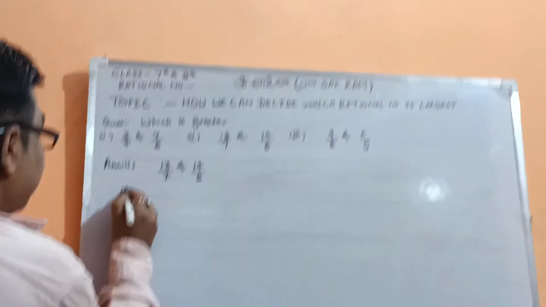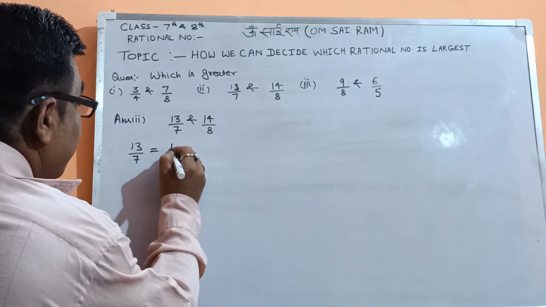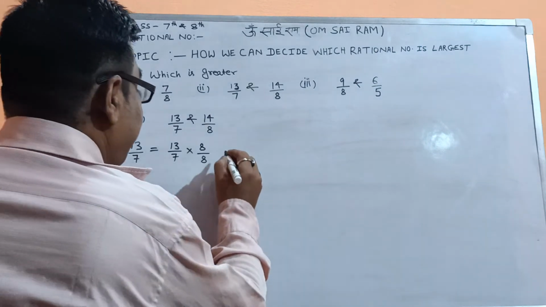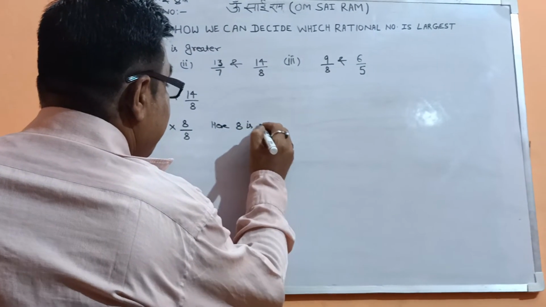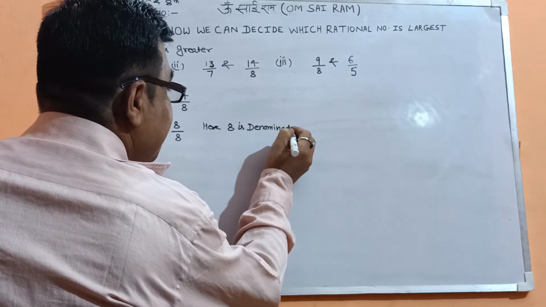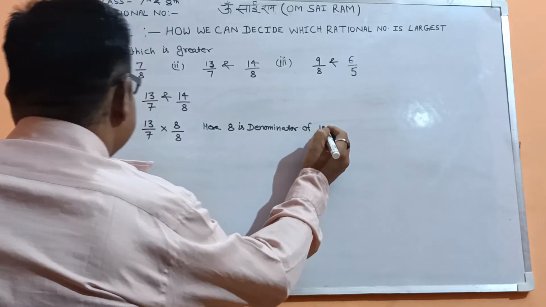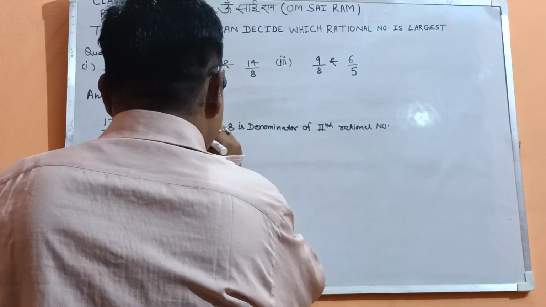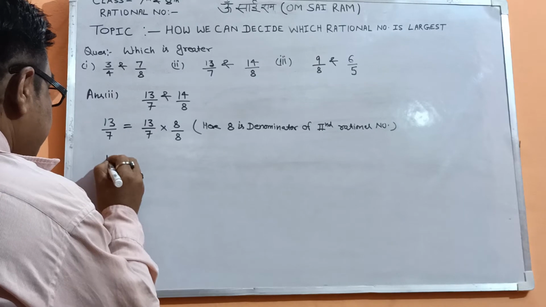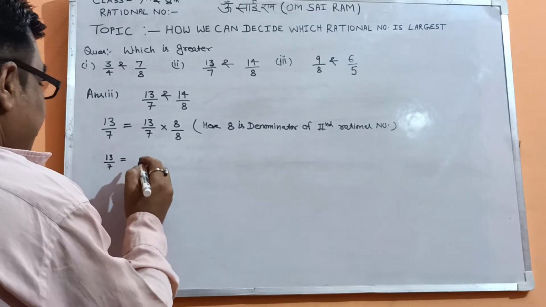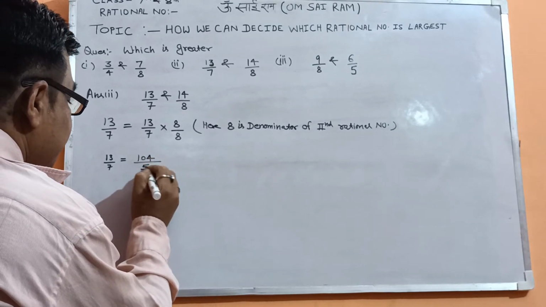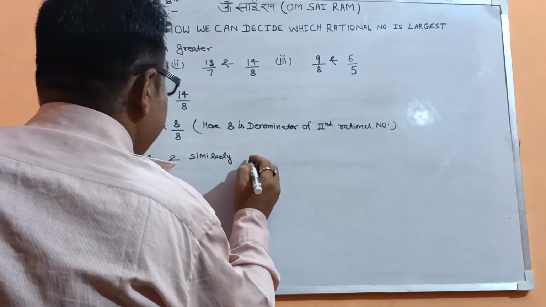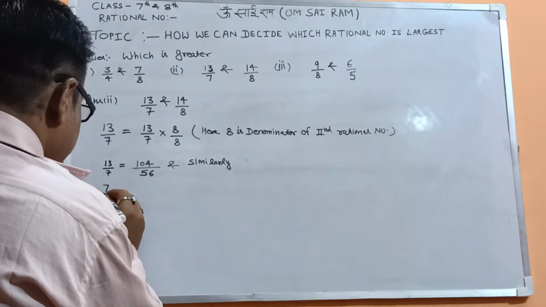Now 13/7 is equal to 13/7 multiplied by 8/8, where 8 is the denominator of the second rational number. So 13/7 equals 104/56.